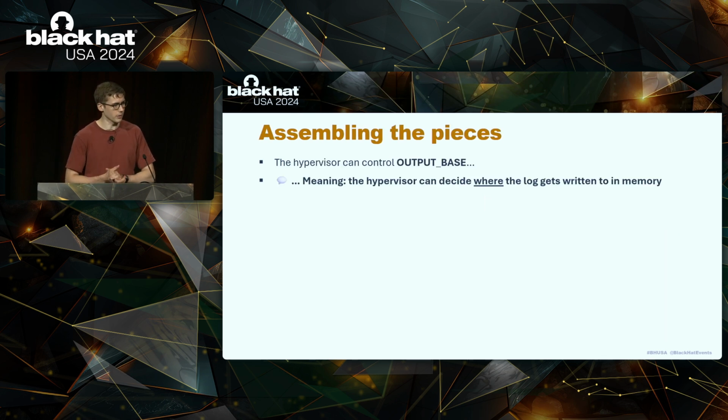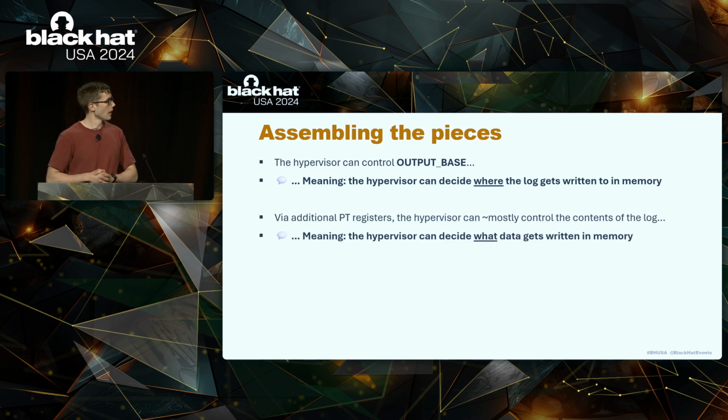So if we assemble the different pieces together, I said that on debuggable guests, the hypervisor has access to the in-memory state. So it can control the output base register and the trace-enabled register. That means it can control the output base, actually. And therefore, the hypervisor can decide where in memory the log gets written to, the log that the CPU is going to create. So that's number one.